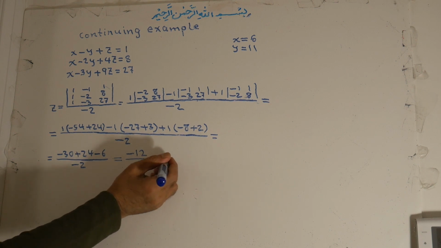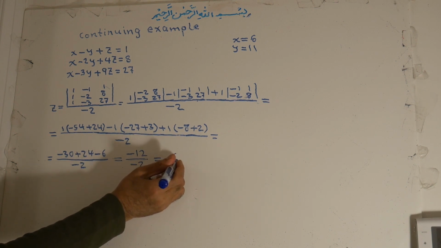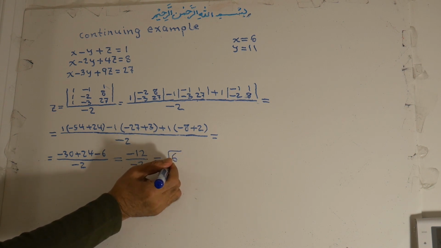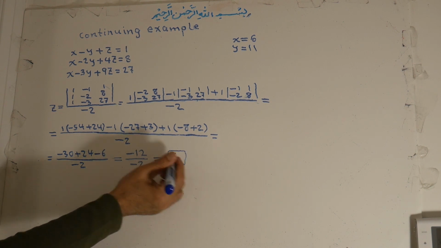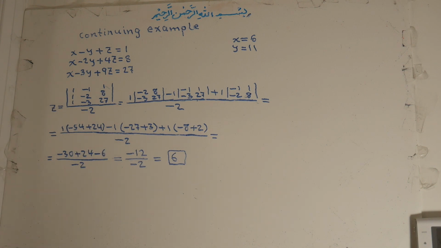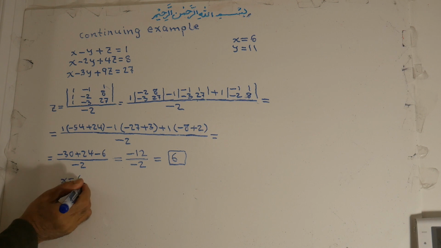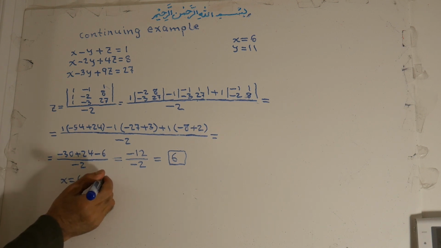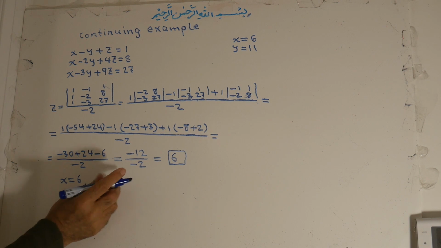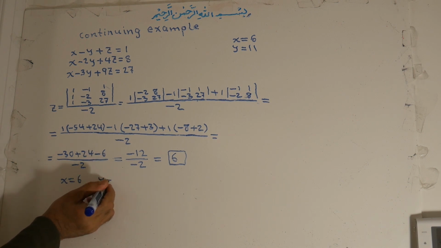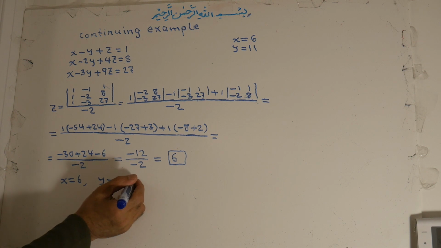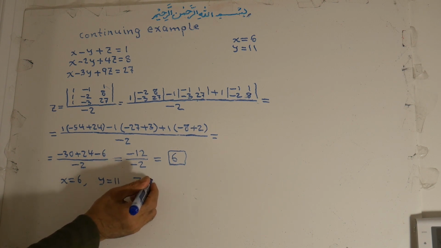Negative divided by negative becomes positive. 12 divided by 2 becomes positive 6. It means that the value of z is equal to positive 6. Now x is equal to 6, y is equal to 11, and z is equal to 6.